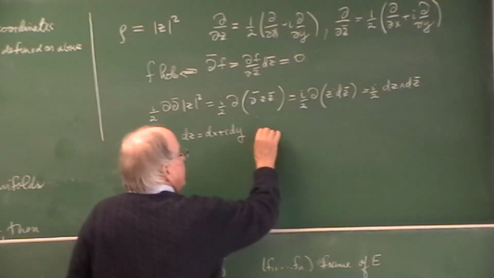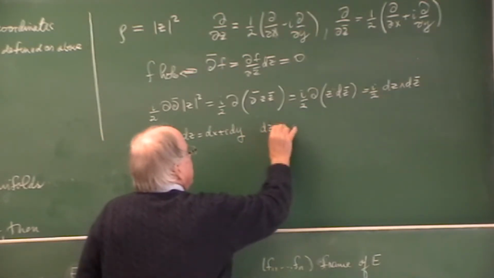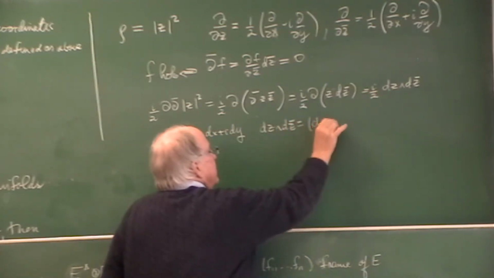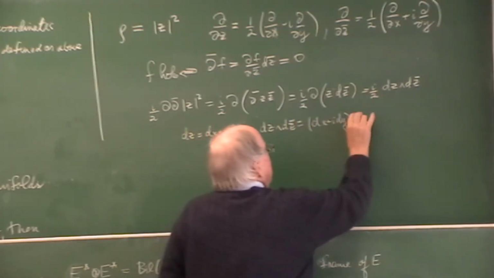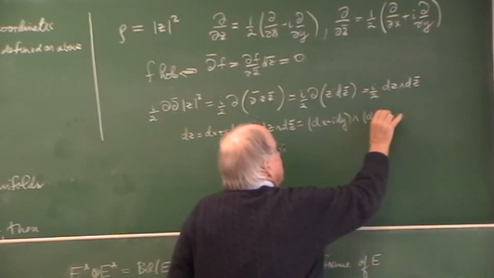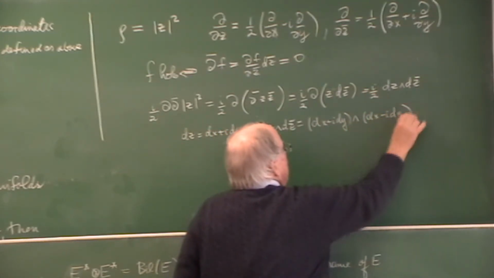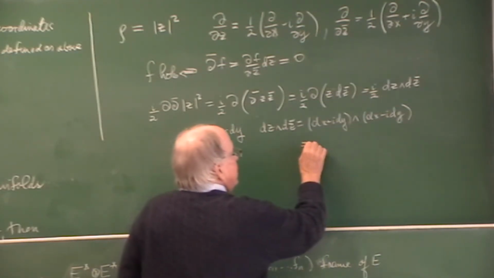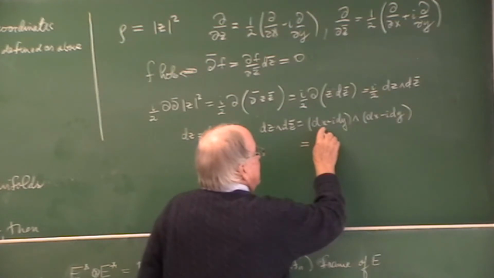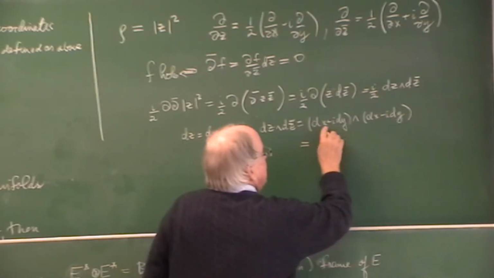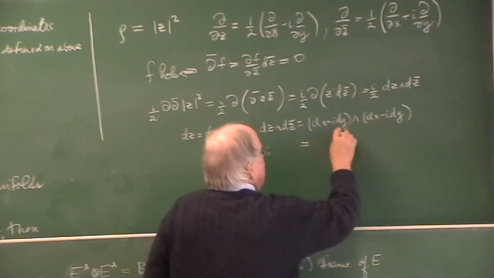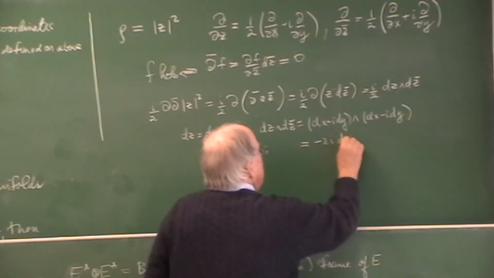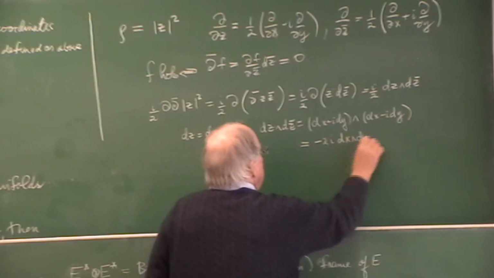And so dz wedge dz bar is dx plus i dy wedge dx minus i dy. And dx wedge dx is 0, and dy wedge dy is 0. So we have dx wedge dy with a minus i, and the same thing here, so it's minus 2i dx wedge dy.